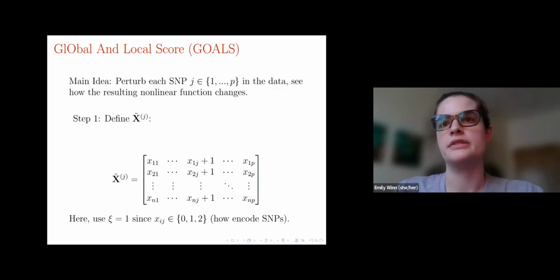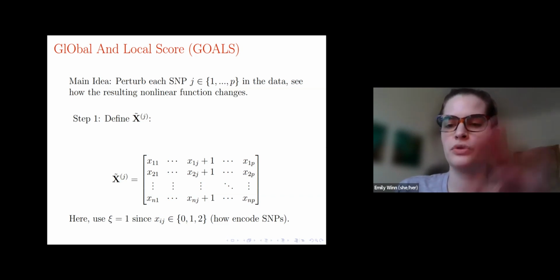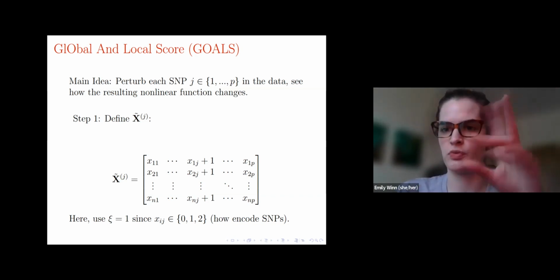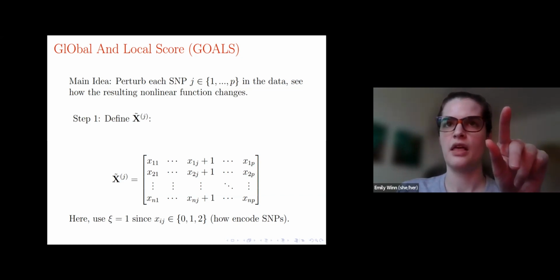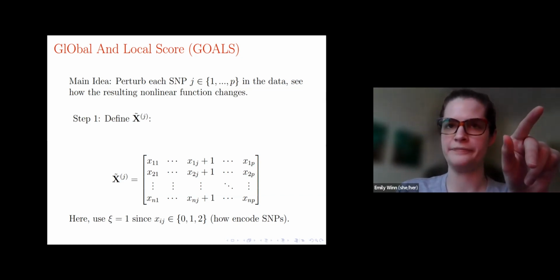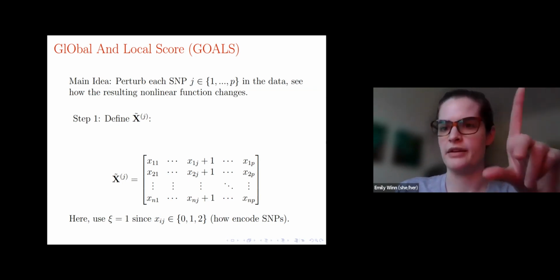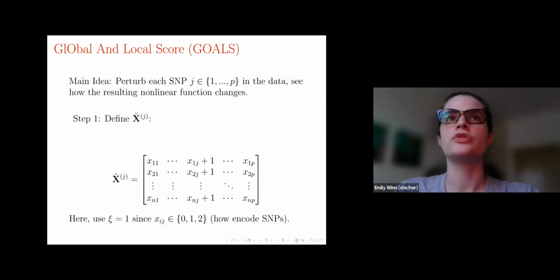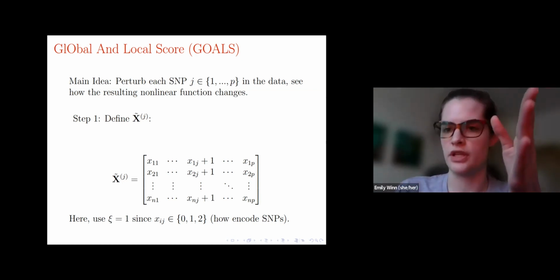Here we use that because SNPs are encoded in the space of 0, 1, and 2. Adding 1 to 2 does technically put it out of the space. You can think of this kind of as modulo addition, where we're just rotating the values of the jth column in SNP space. So 2 goes to 0, 0 goes to 1, 1 goes to 2. And we're going to do that for every single column, but we're focused on the jth column for now.